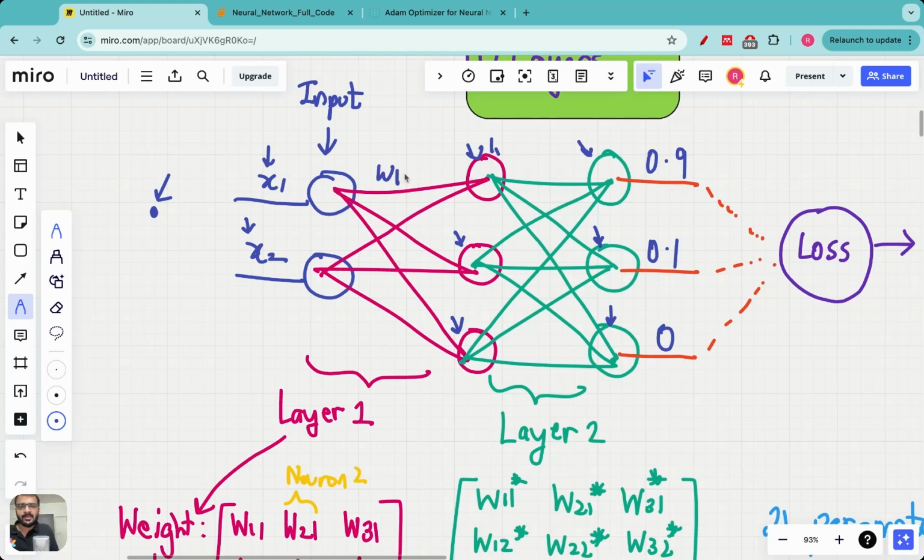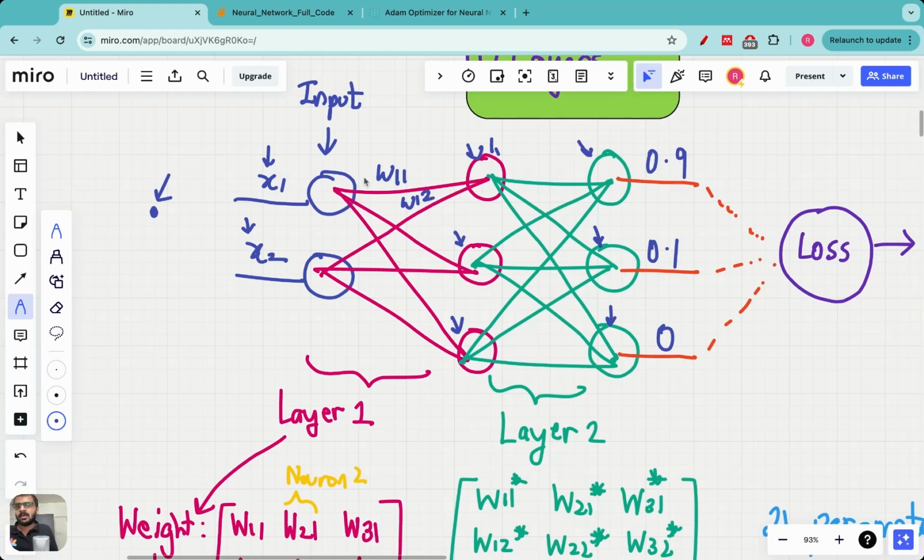There is a weight called W11 here, that signifies how useful or how important that input is. And let's look at the second connection of the first neuron to the second input. The weight associated with that is W12. So the first neuron has two weights.